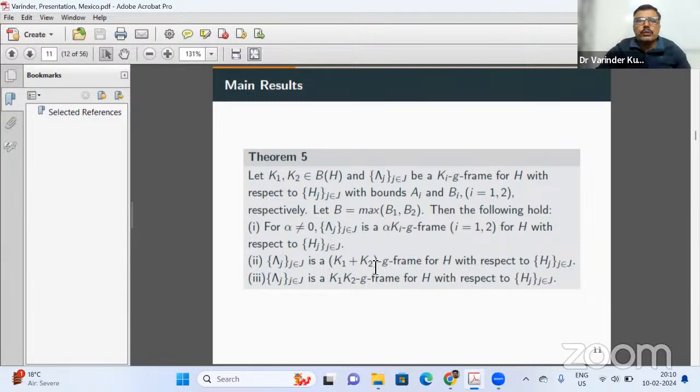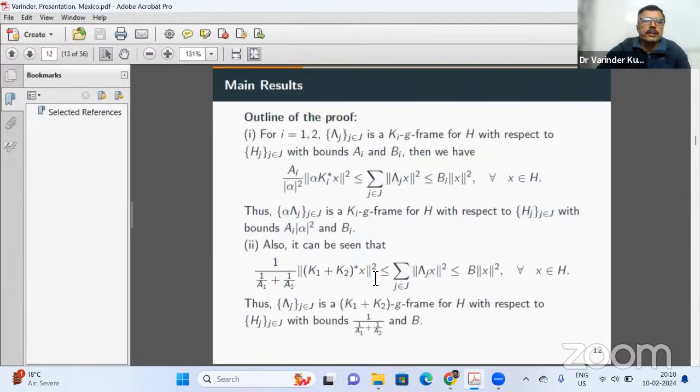Then the following holds: {lambda_j} is also an alpha K1 G frame and an alpha K2 G frame for a non-zero constant alpha with respect to Hj. It is also a K1 plus K2 G frame, and a K1 K2 G frame. So all these results hold. Linear combinations of these operators will again turn out to be a KG frame.